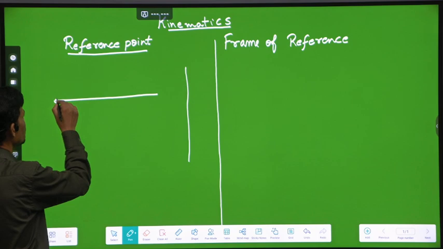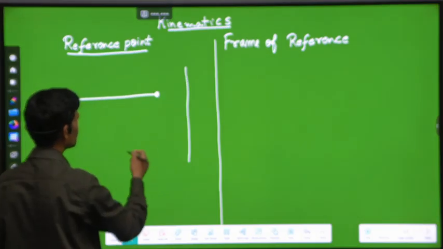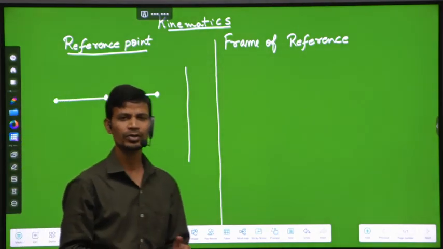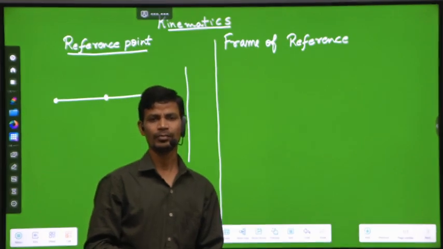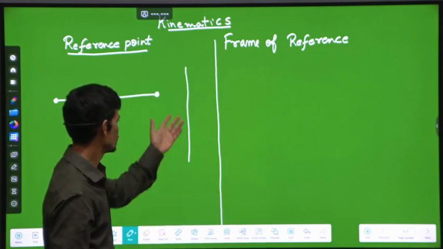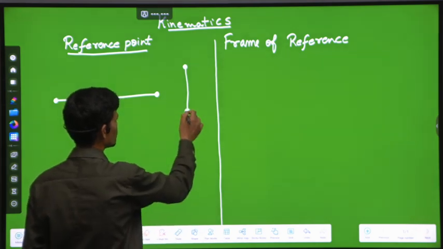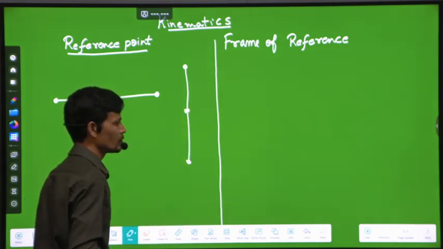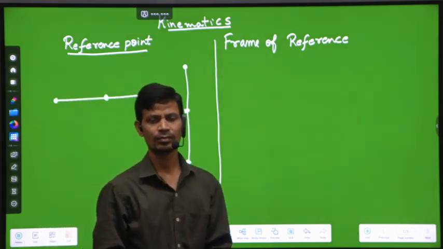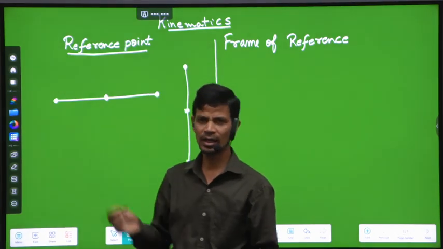That point can be here, that point can be here, or that point can be here. Depending upon the situations, the point can be anywhere on that axis. Same here, we can observe it from here, somewhere here, or from here. This is the motion in one dimension, and that point will be called reference point.